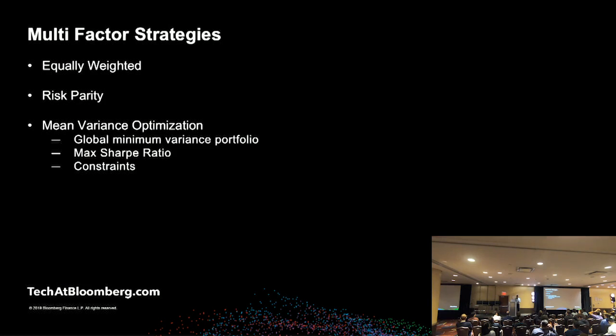That's called an equally weighted portfolio. We can also allocate capital based on the marginal risk contribution of each factor, so that we equalize the risk contribution from each factor. That's called risk parity. And we can also use mean-variance optimization based approaches, where we trade off risk and reward. So we can try to find the portfolio which, for example, minimizes the variance of the portfolio.